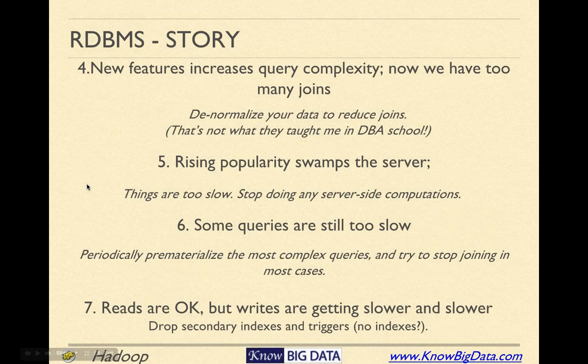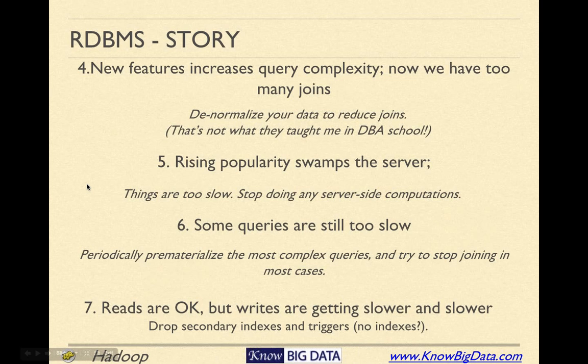So as expected, when you want to write the data, it'll become slower, because if you denormalize, then you might have to insert data into multiple tables, as well as when you are having pre-materialization, you have to update the cache and update the pre-materialized tables as well.